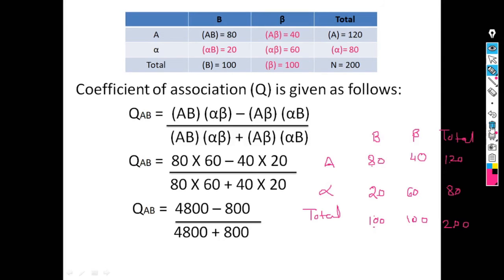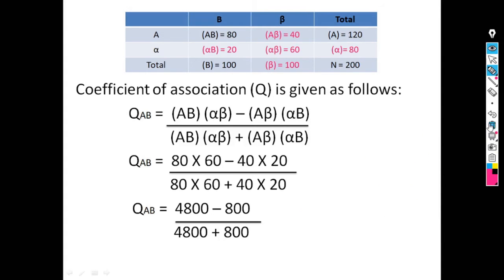Now we have to calculate the Yule's coefficient of association between A and B, and its formula is Q of AB is equal to AB into alpha beta minus A beta into alpha B divided by AB into alpha beta plus A beta into alpha B. So substitute all these values here. AB is 80 into alpha beta is 60, minus A beta is 40 into alpha B is 20.